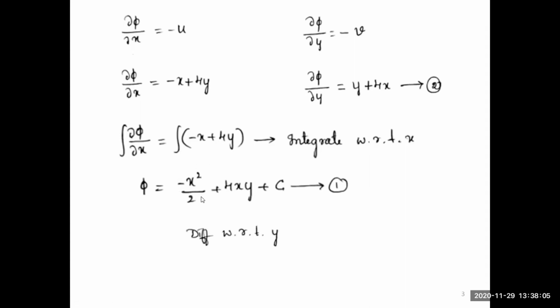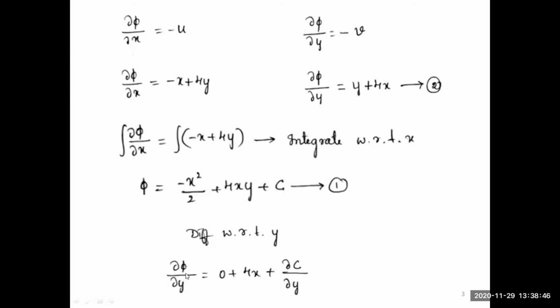So dou phi by dou y is the differentiation of minus x square by 2 with respect to y, there is no y term so it is 0, plus the differentiation of 4xy with respect to y, which is 4x, plus the differentiation of constant c with respect to y, which is dou c by dou y. Now we have equation number 2, that is dou phi by dou y is y plus 4x. You just substitute this equation number 2 in this equation.